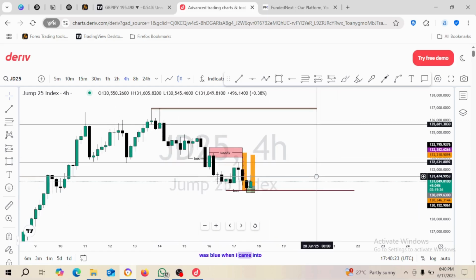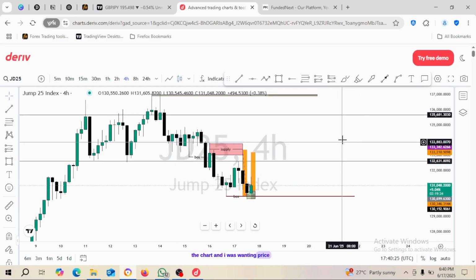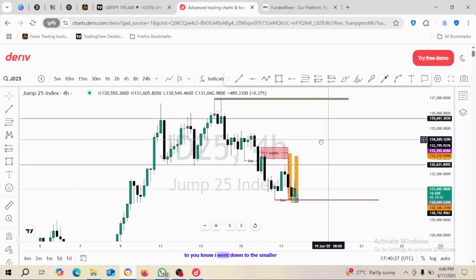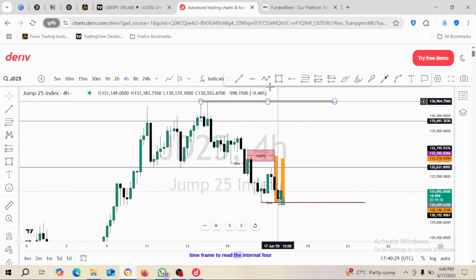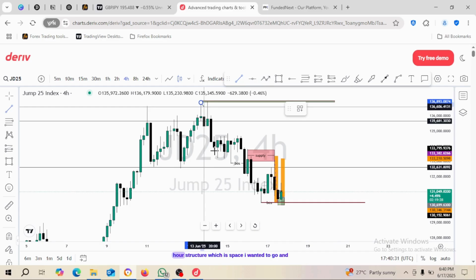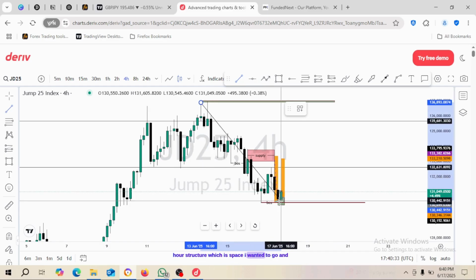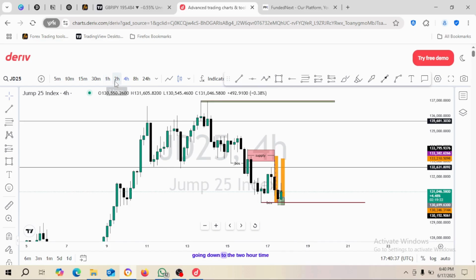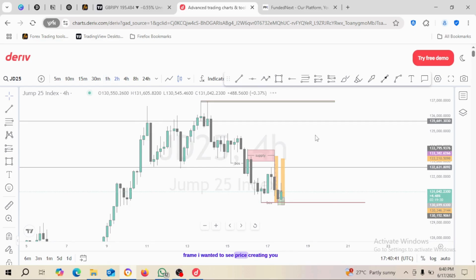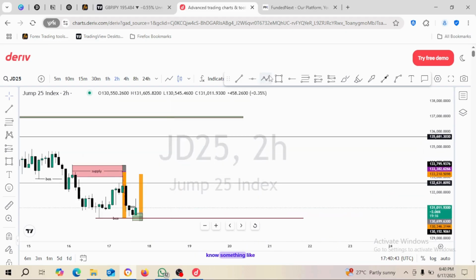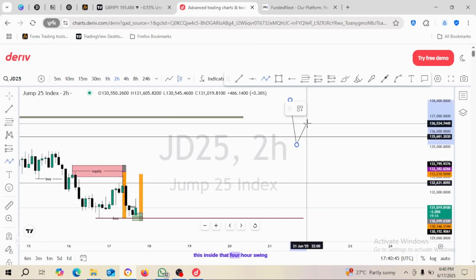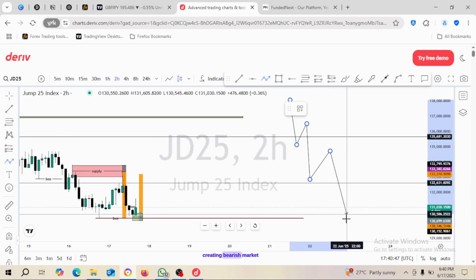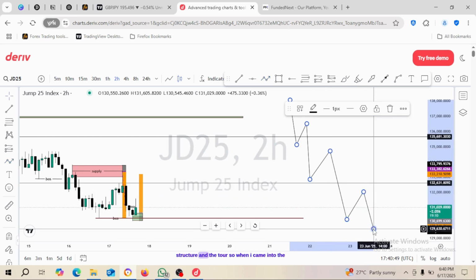I went down to the smaller time frame to read the internal 4-hour structure, which is this. I wanted to go and see what price was actually doing. So now going down to the 2-hour time frame, I wanted to see price creating something like this inside that 4-hour swing, creating bearish market structure on the 2-hour.